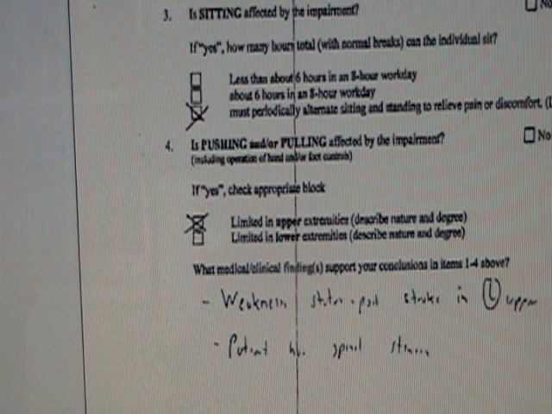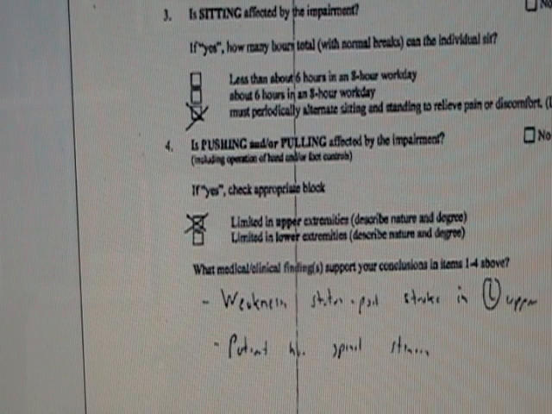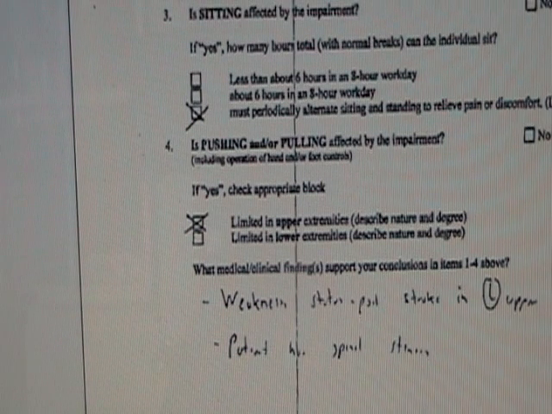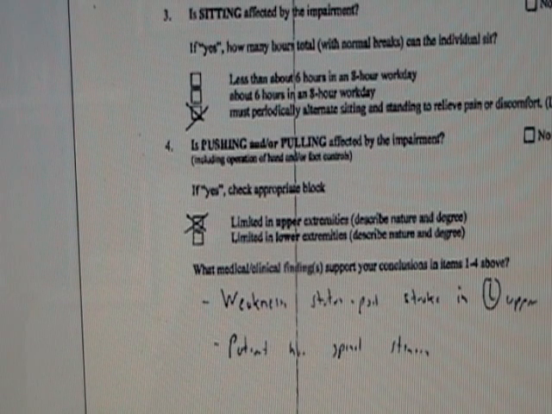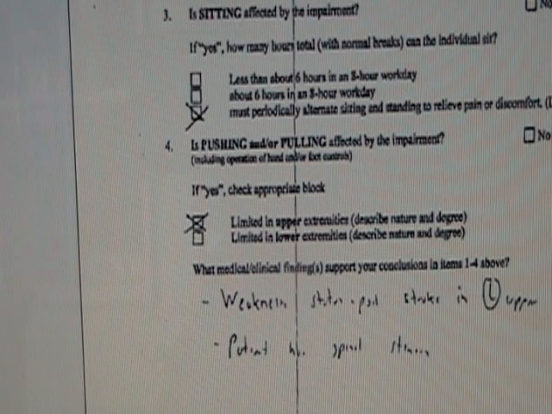Climbing, occasionally. Balancing, never. Kneeling, never. Crouching, never. Crawling, never. Stooping, never. Status post-stroke, PT, patient has left side numbness. Patient has spinal stenosis.